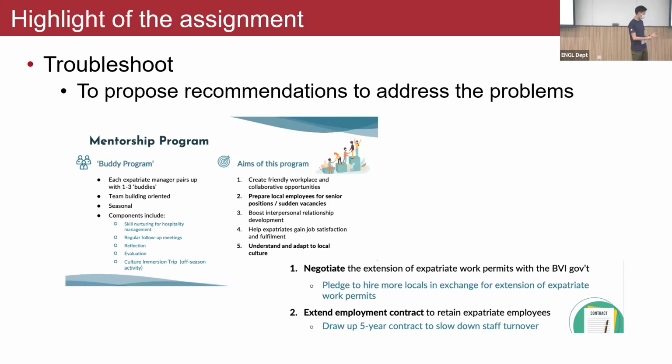As for retaining the expatriate managers, we also proposed negotiations with the British Virgin Islands government to extend the expatriate work permits, to help those managers stay for a longer period of time. As a last resort, we would extend the contracts within the organization so that the expatriate managers can stay longer.